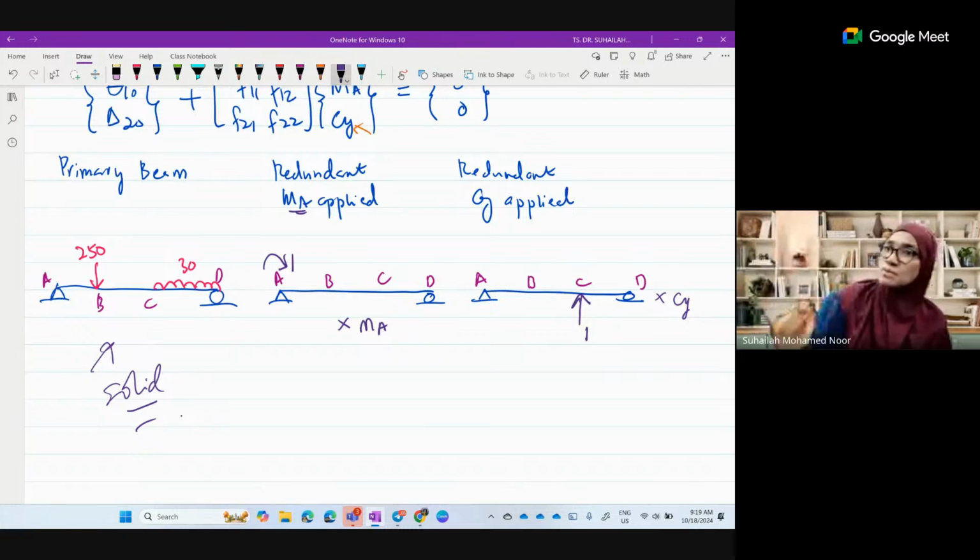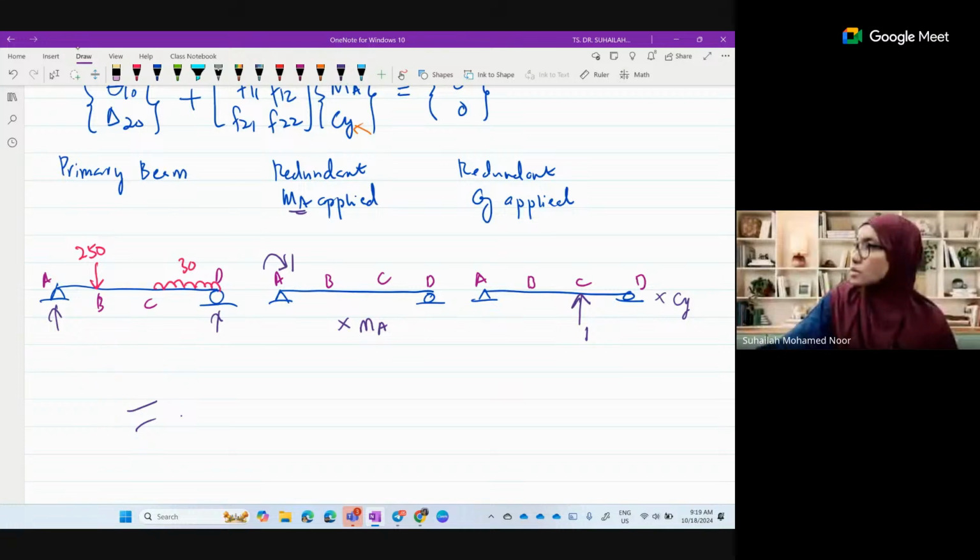So this time kita apply balik knowledge tu. Learning outcome for flexibility method bukan nak kira reaction indeterminate structure, right? Okay, so kat sini yang penting nilai yang kita nak pakai nanti dalam writing moment equation. So whether you nak tunjuk, you tak tunjuk doesn't matter. But sometimes dia macam complicated, still kita nak tulis. Bukan tulis sebab itu dia punya step, no. Kita cuma nakkan nilai reaction tu.